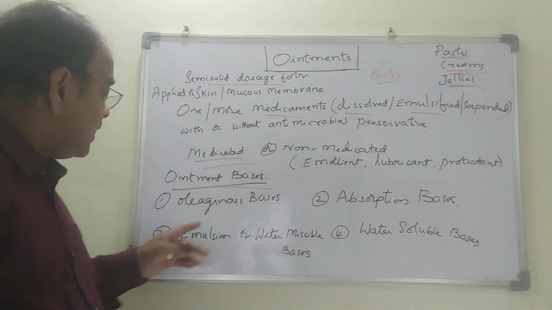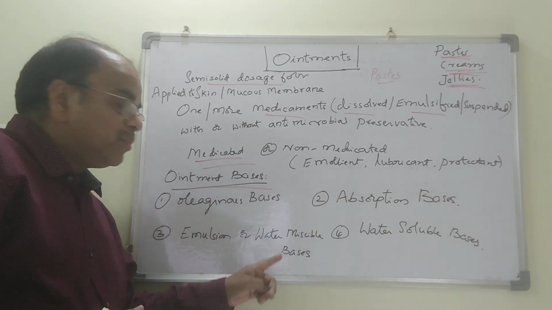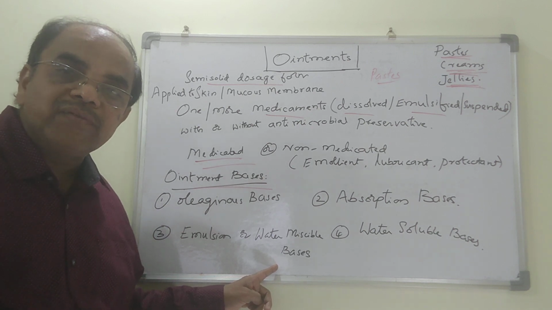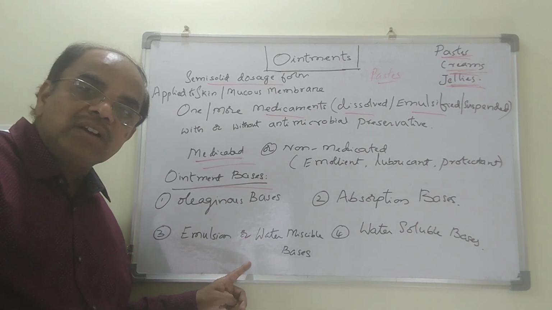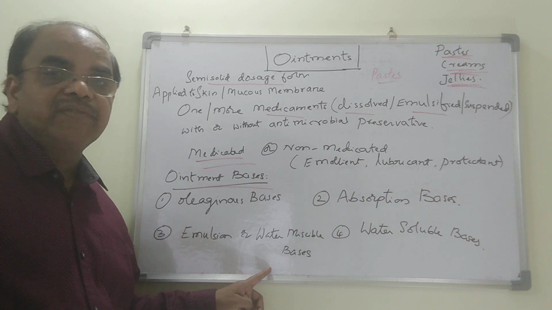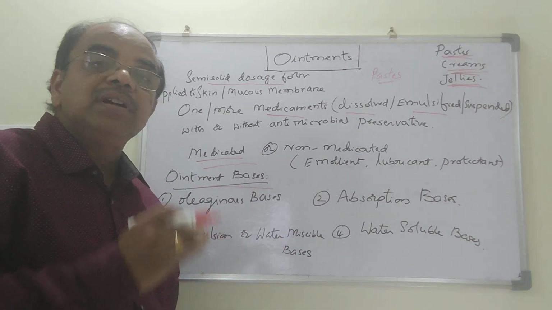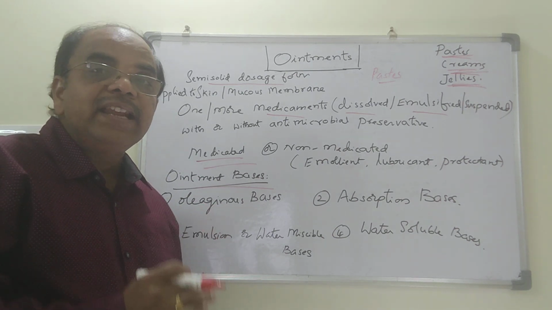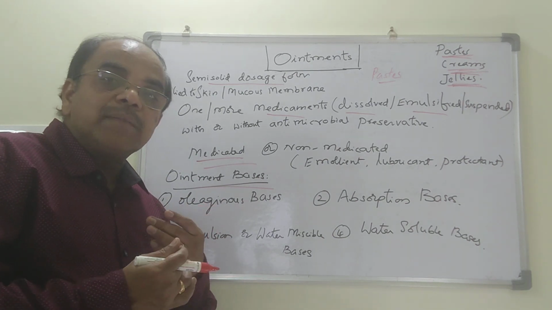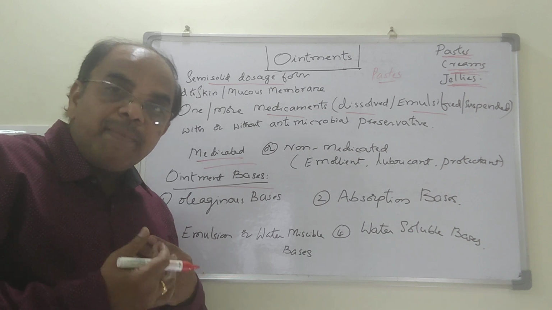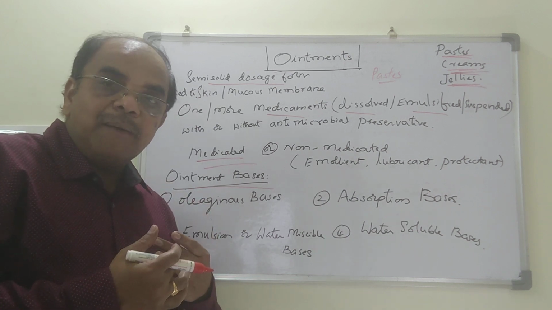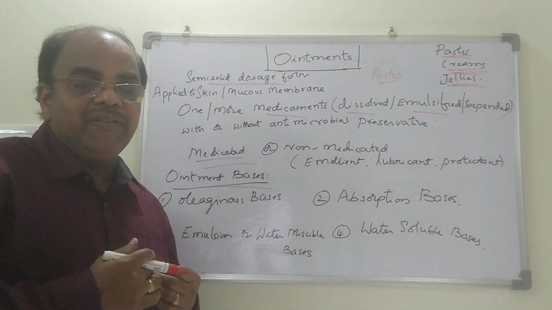Okay? And emulsion or water miscible bases. Example, emulsifying ointment and cetrimide emulsifying ointment. Water soluble bases. Example, PEG, polyethylene glycol. Depending upon the molecular weight, it may be in the solid, semi-solid or liquid form.